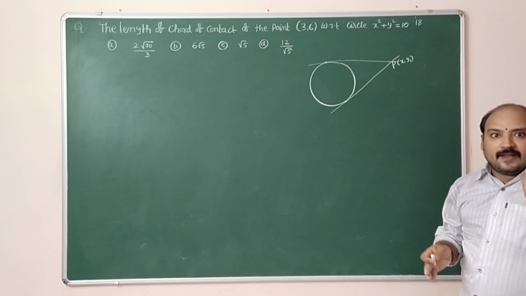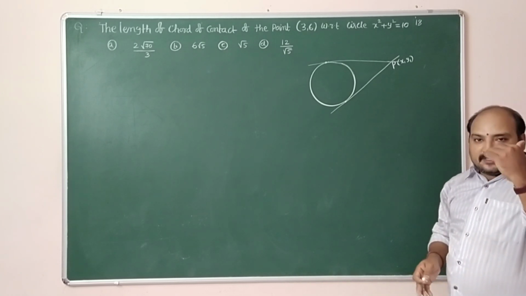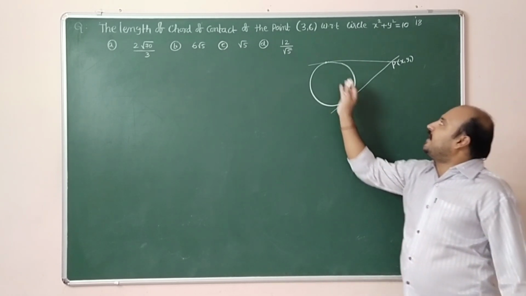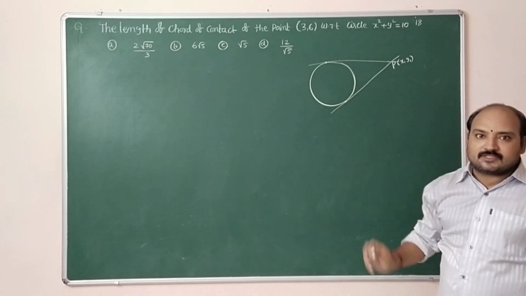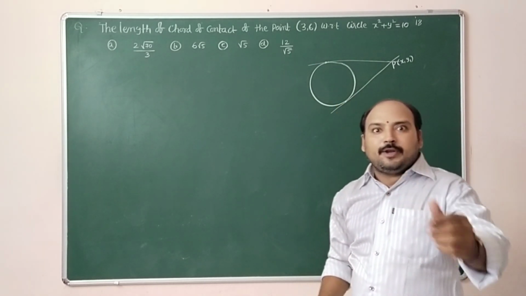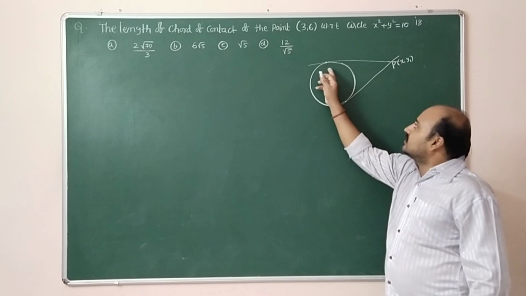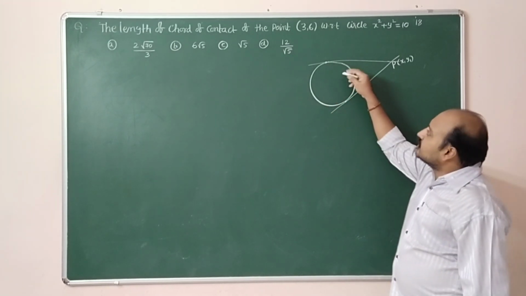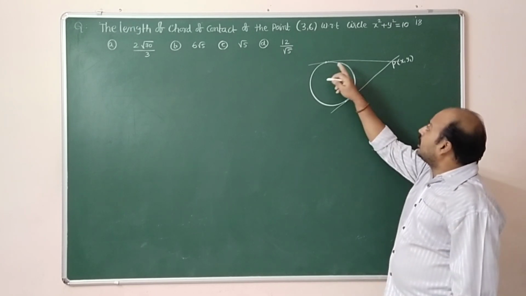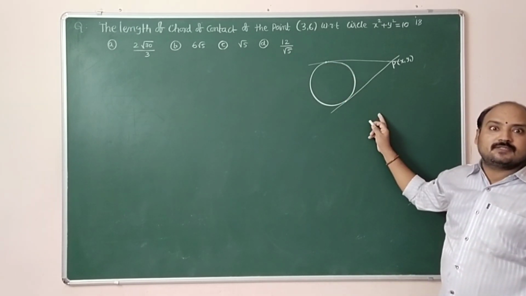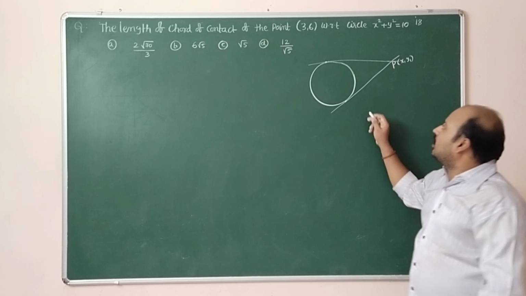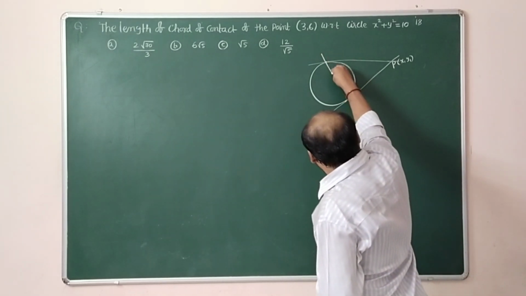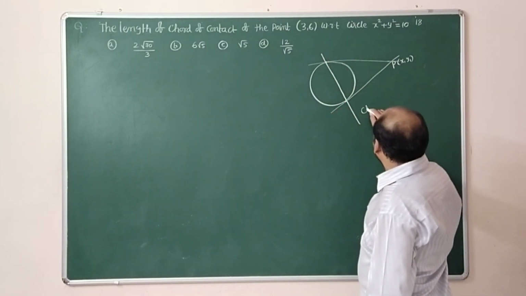Where the tangents touch the circle are the points of contact. The line joining the points of contact of the tangents is called the chord of contact. See, this is the chord of contact.